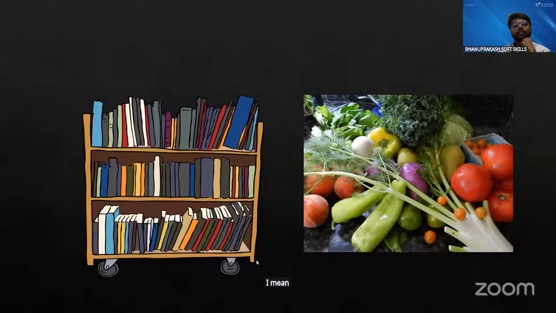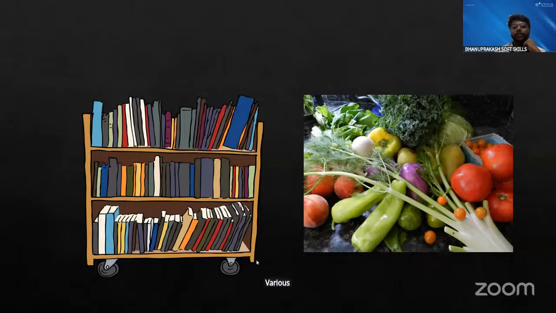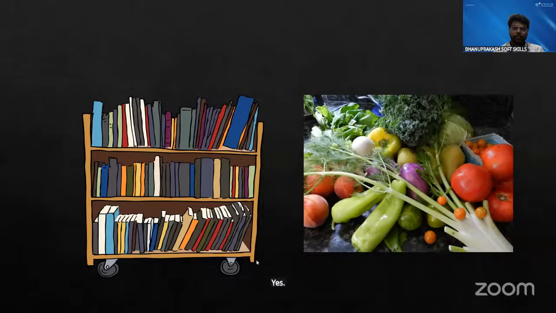The picture shows a variety of colors, and that suggests a wide range of topics. The vegetables show a balanced plate, which is helpful for our health. Thank you, sir.